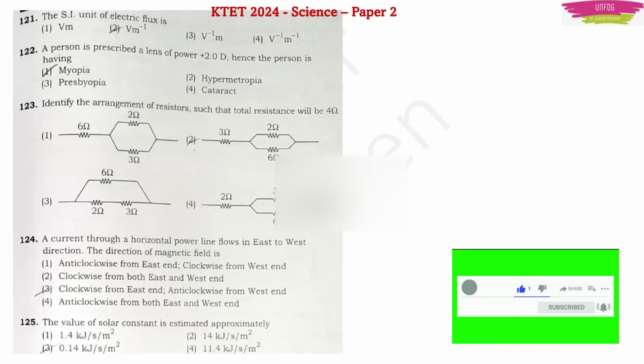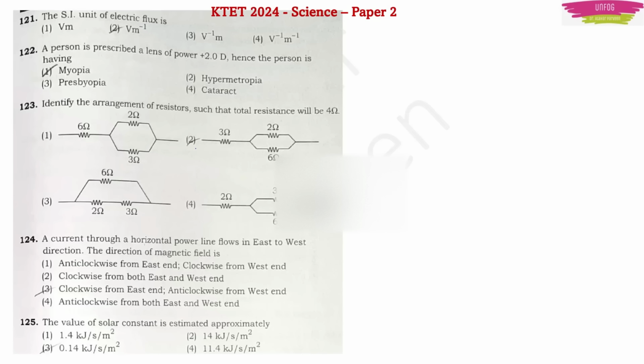The question is, the SI unit of electric flux is. The electric flux is the quantity of electric field which is passing through some given area. So the electric flux symbol is phi, which is equal to electric field into area.